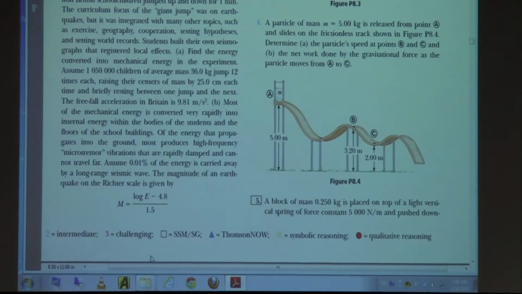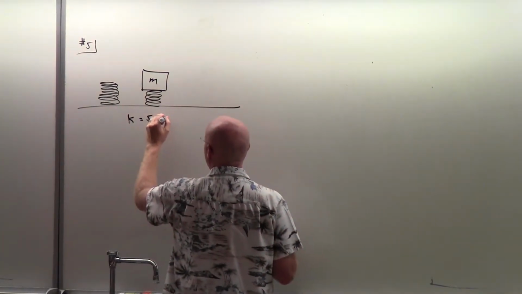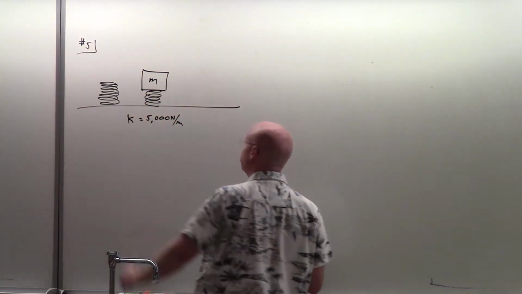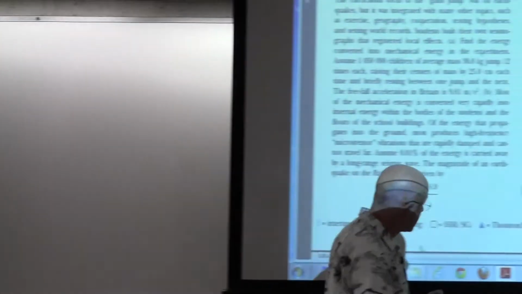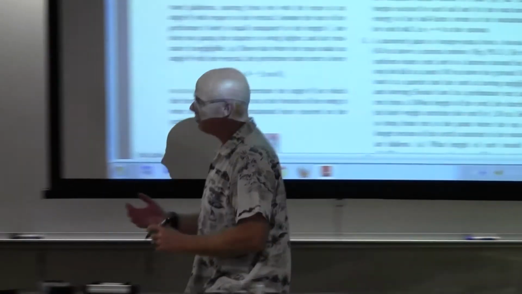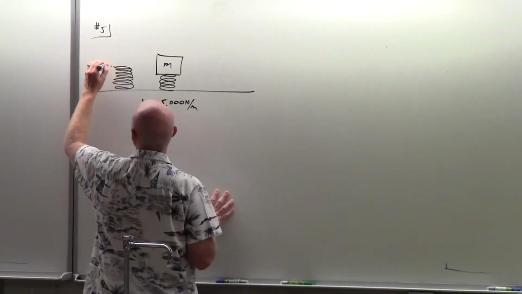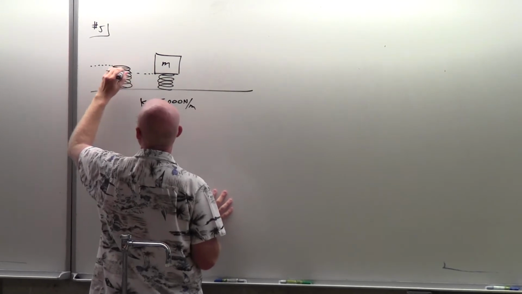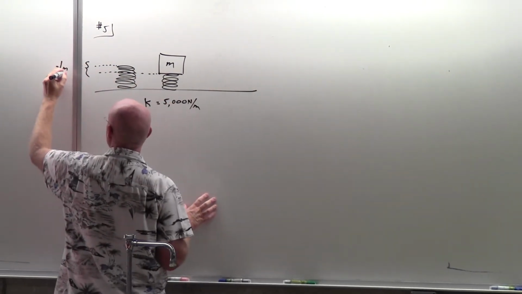Now, I should put up here the spring constant, K, is 5,000 newtons per meter. Okay, so there's my spring constant. And I push it down, and I don't think it says it on this page, but it said 1/10 of a meter. So on the next page, I can say it is pushed down by 1/10 of a meter. So here is the top, here is the bottom. That distance is 1/10 of a meter.